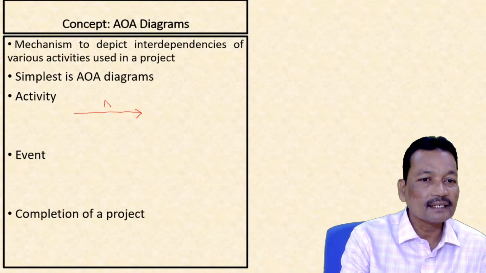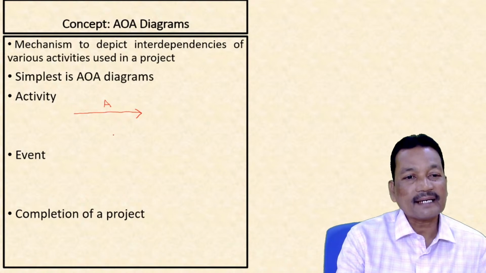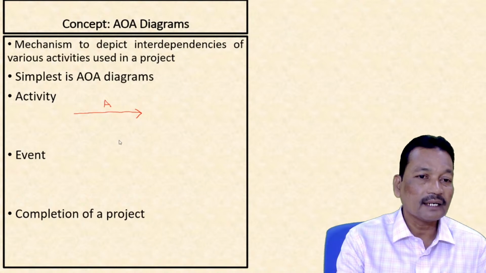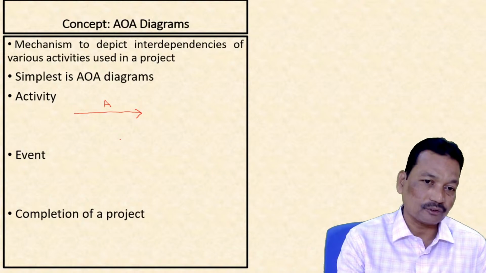Now here, suppose I say my activity is represented as A, or A depicts a particular activity like roof of the house.